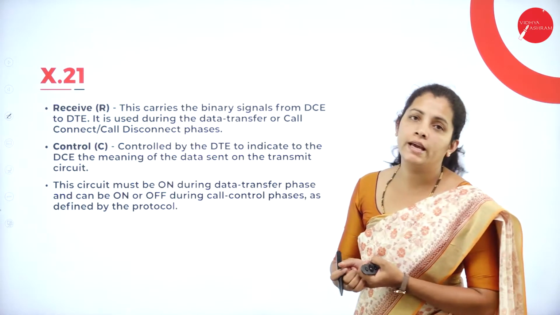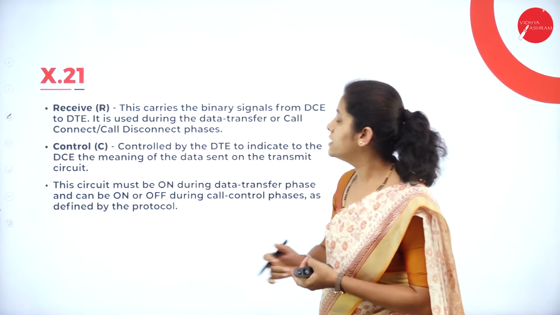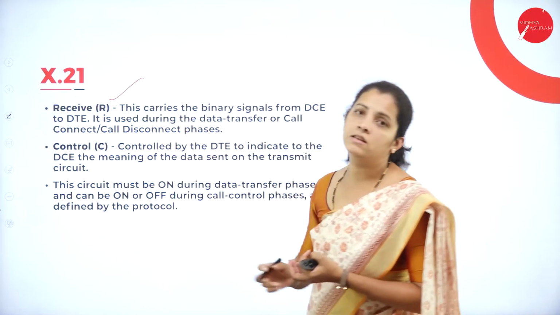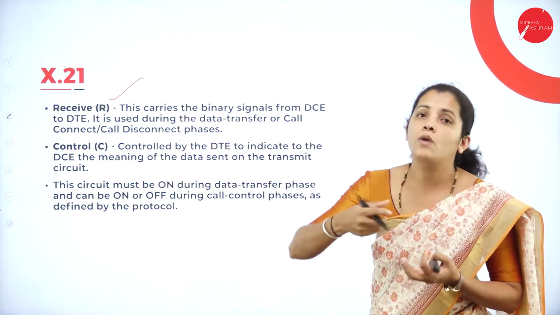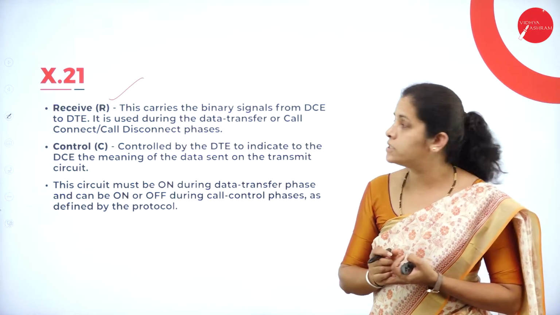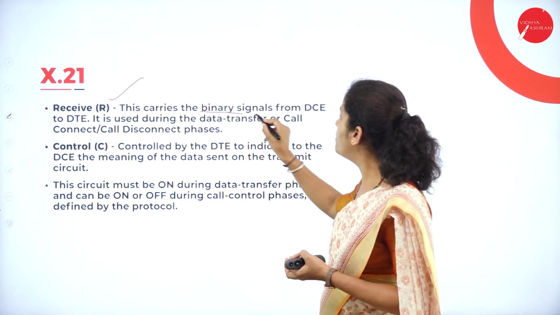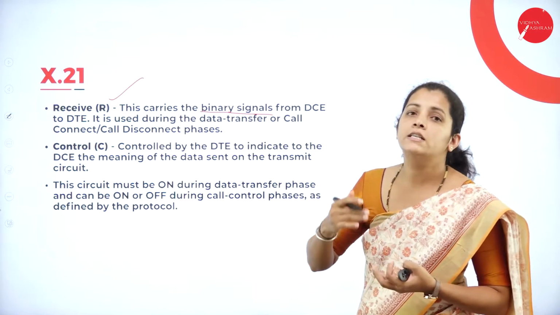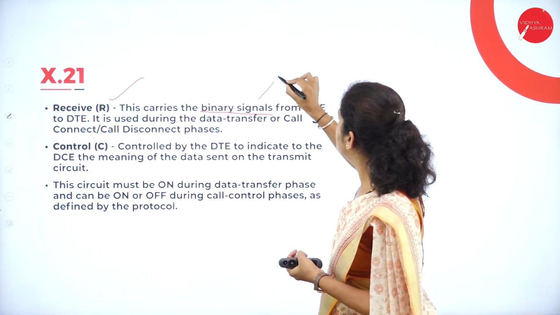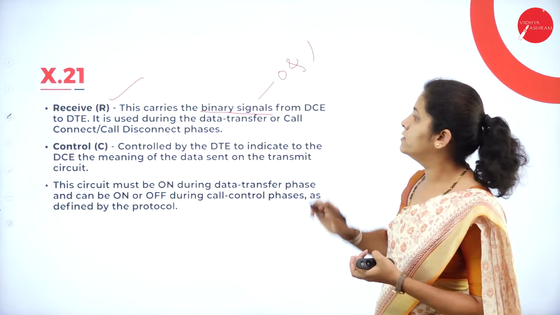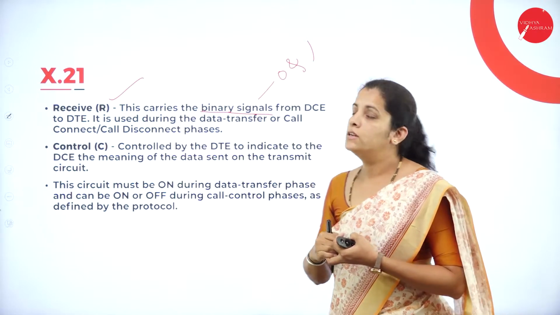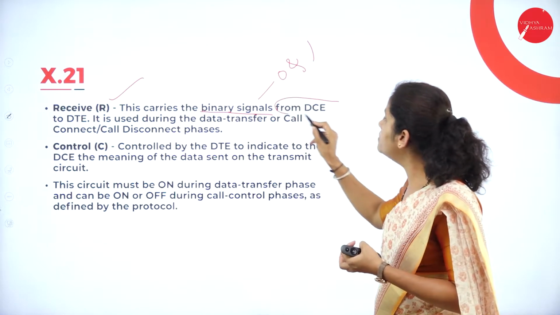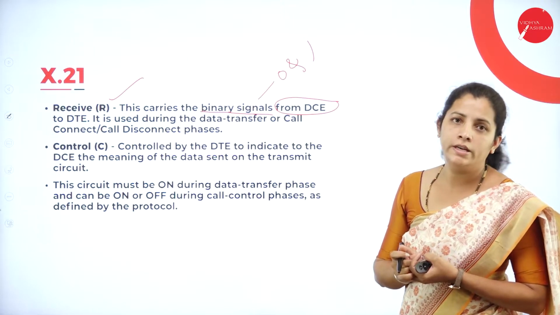Then we get the fourth signal type, that is receive. Here once again, whatever data it is going to receive is in the form of binary signals. That means it is binary data, that is 0 and 1. Then how are the signals received? Here it is from DCE to DTE.